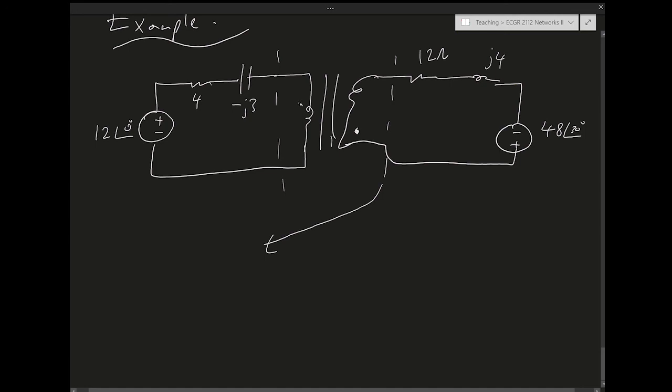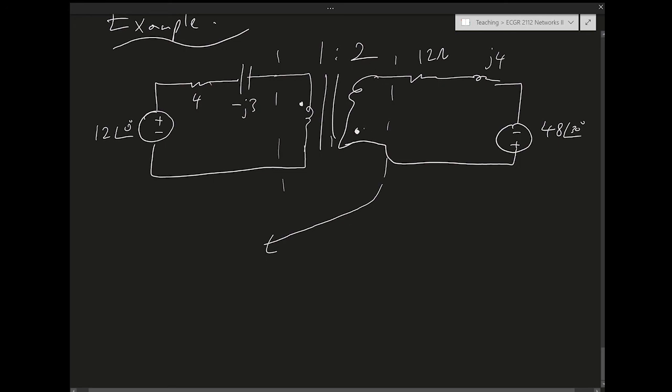If I cut this circuit, I2 is of course going to be 0, and there won't be any current going through 4 and minus J3, so all the 12 volts is going to appear at the primary. Of course, I forgot to give you the turns ratio. The turns ratio is 1 to 2. So this will take 12 and step it up 2 times, so it's going to be 24. But its polarity is going to follow the dot.